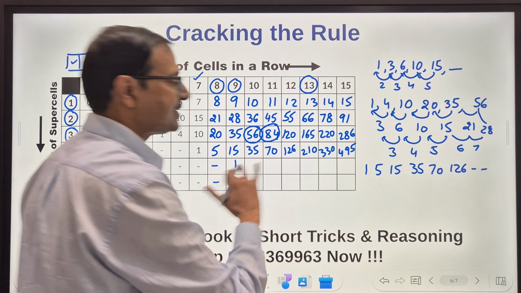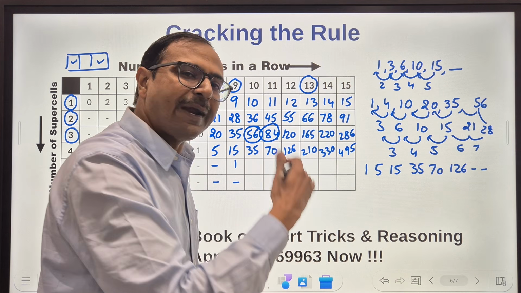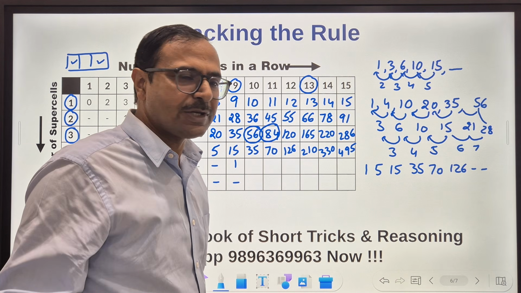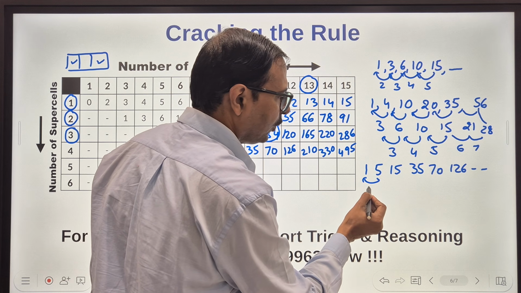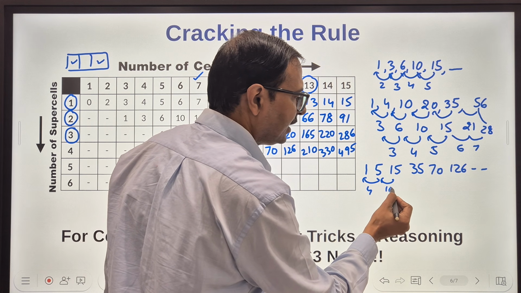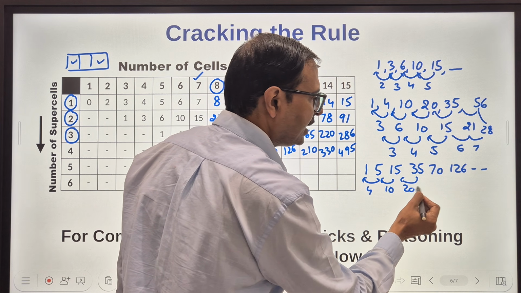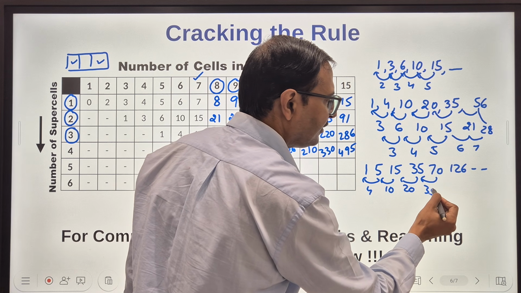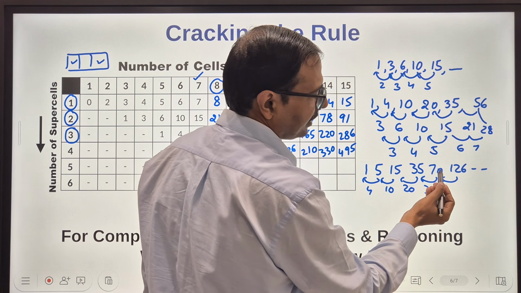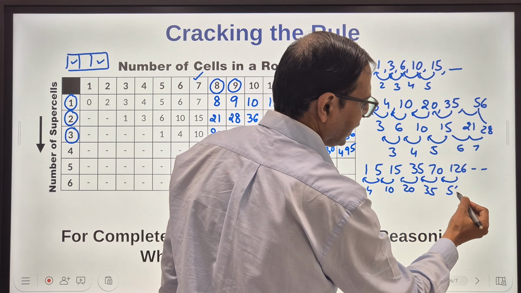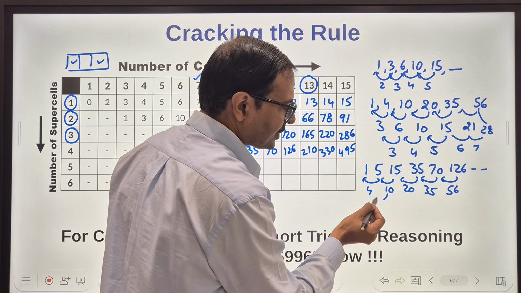How did I get this? I tried only 3 or 4, and then I got the remaining ones using the rule. So this is 4, this is 10, this is 20, this is 35, this is 56. Likewise, I can try one more time.